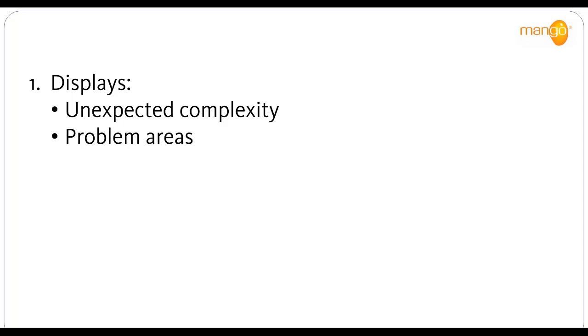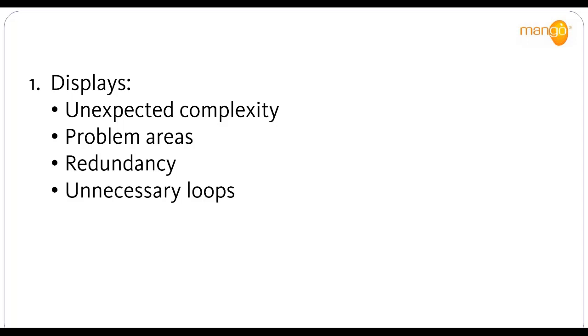It also highlights problem areas where there could be a build-up of stock or a build-up of waste. Any redundancy, so stuff that you're doing that you don't need to do, and you could move it out. You could get stuck in various loops.